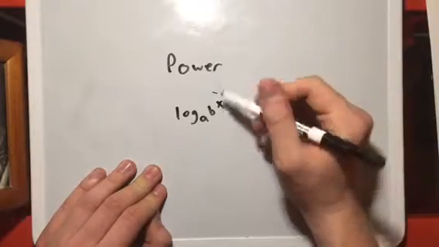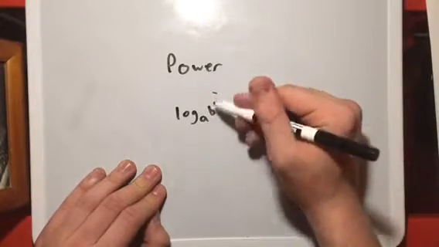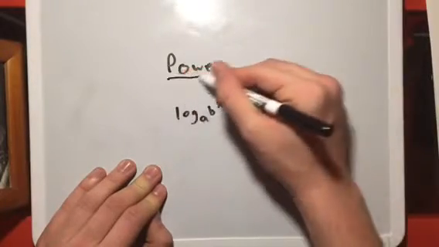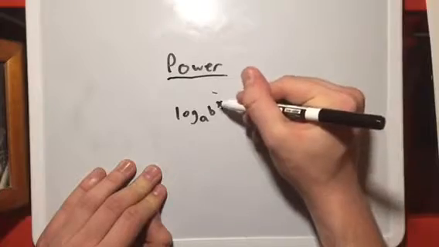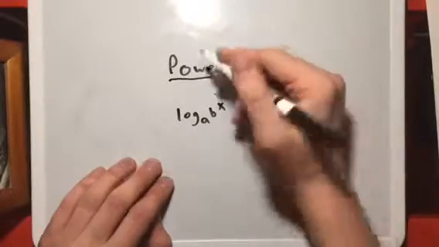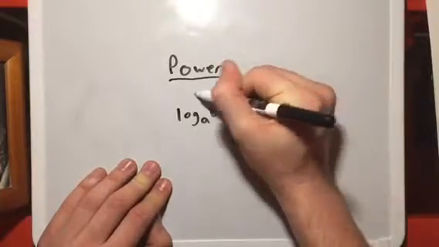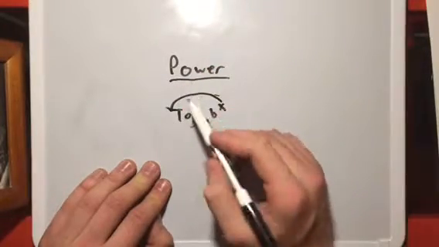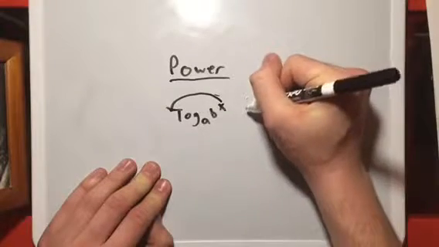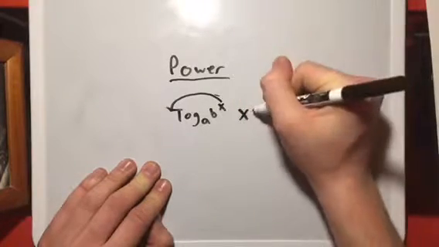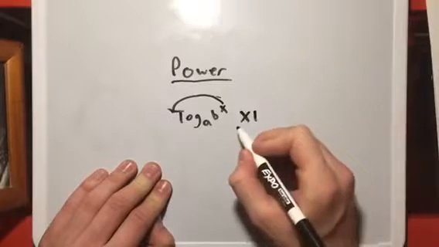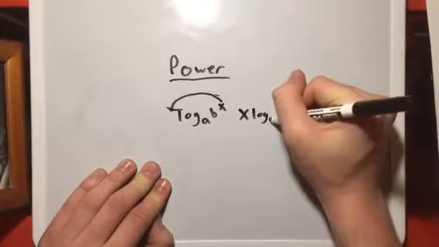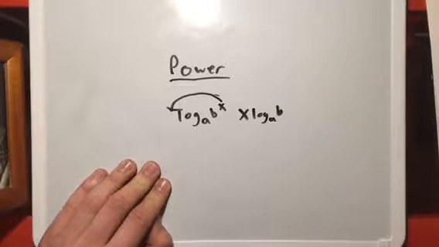But since we can't solve a logarithm with this variable in here, what we do in the power property is we move this x, which is the power, out here. So this entire thing is rewritten to x times log base A of B.